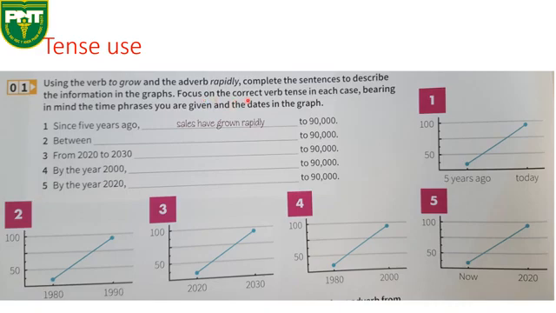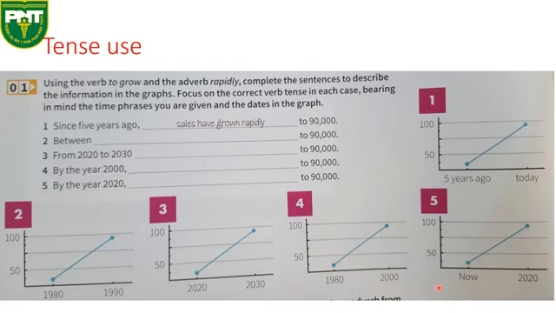Focus on the correct verb tense in each case, bearing in mind the time phrases you are given in dates in the graph. Number 1, here. Up to today, from the past up to today, we use present perfect with the verb grow and adverb rapidly. Now for 2, 3, 4, and 5, please spend 5 minutes to complete the statements here.